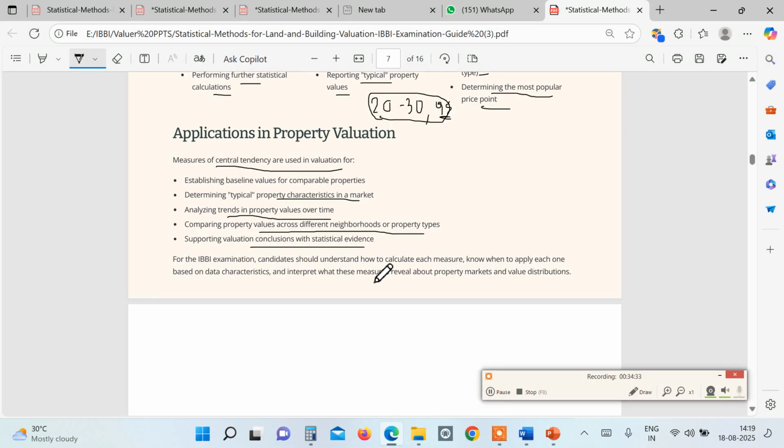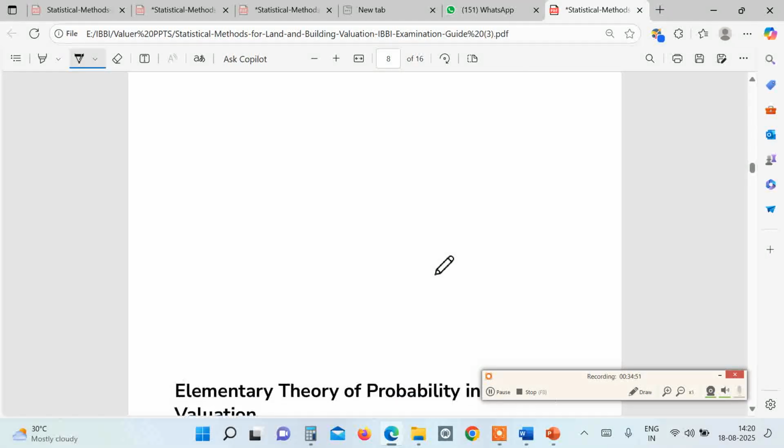So far as the IBBI examination is concerned, candidates should understand how to calculate each measure, know when to apply each one based upon data characteristics, and interpret what the measures reveal about the property market and value distributions.